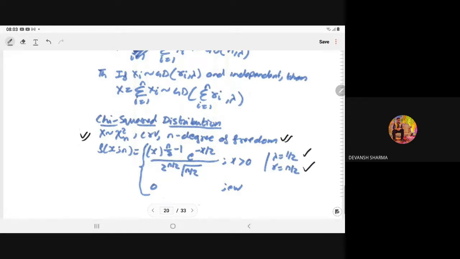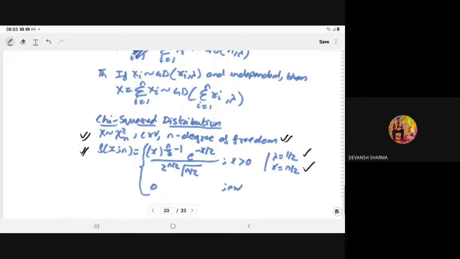Degree of freedom implies that we have the freedom to choose the n value, right? It is also a continuous random variable and a member of the exponential family or the gamma family. In the pdf of the gamma distribution, you have to put lambda equal to half and r equal to n by 2.